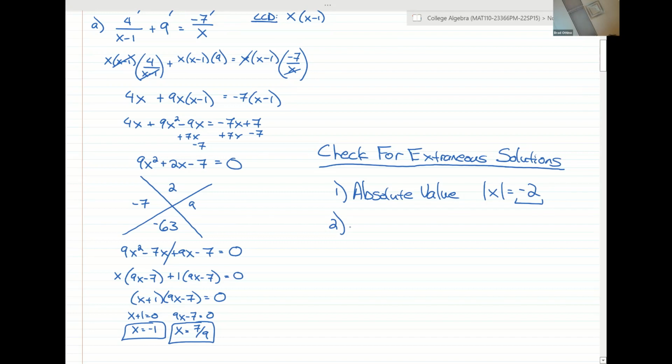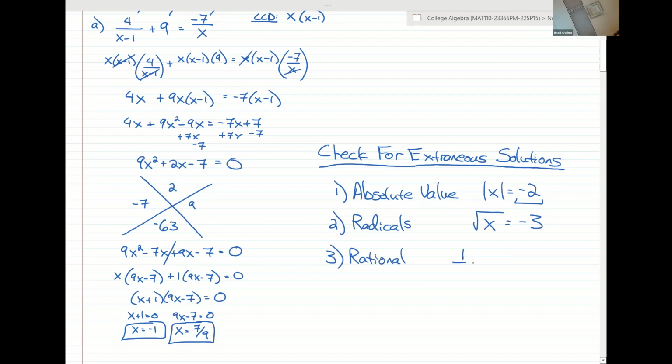The type of problem that we run into issues with is if we have radical equations. If you had the square root of x is equal to negative 3, that's impossible. You can't take the square root of a number and get a negative answer. It doesn't work. The last type of extraneous solutions are rational equations.